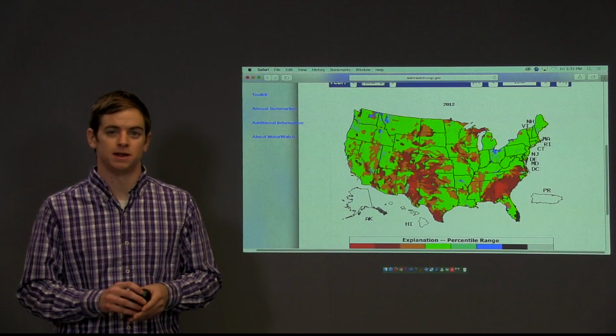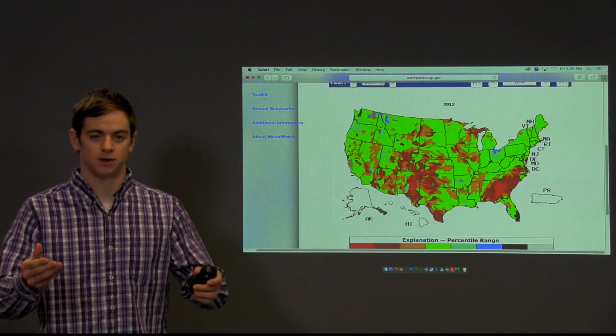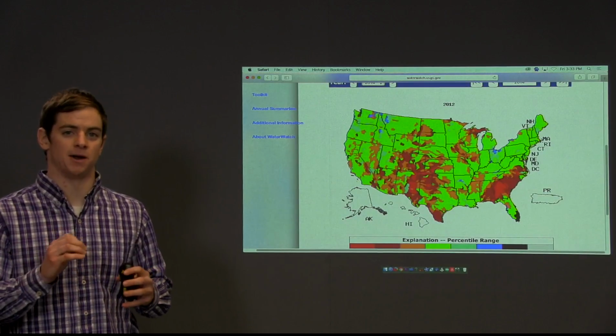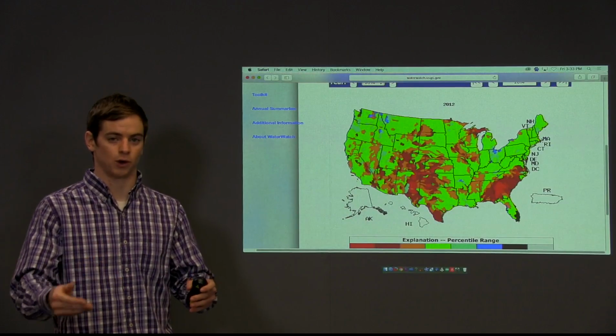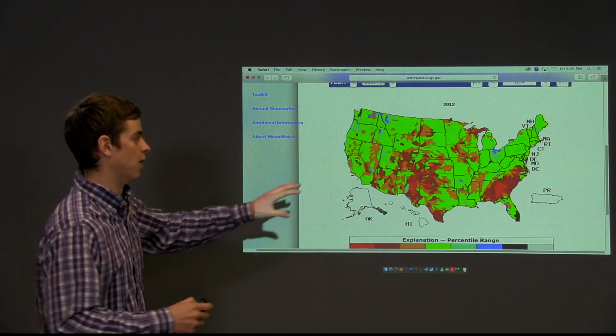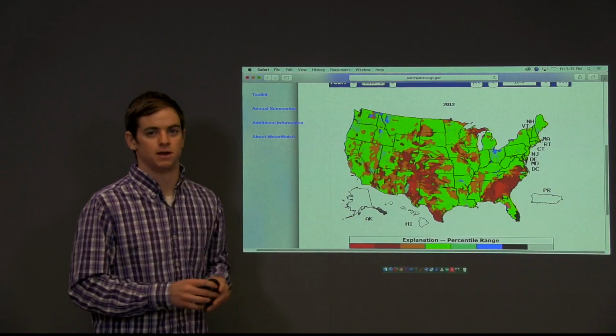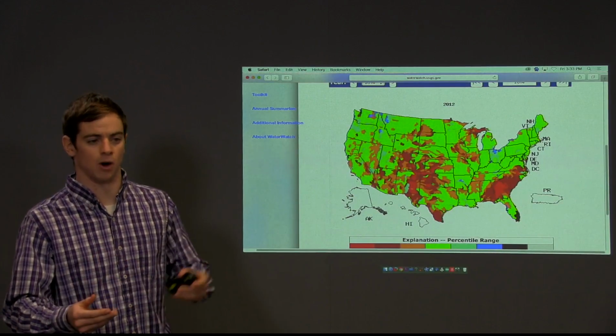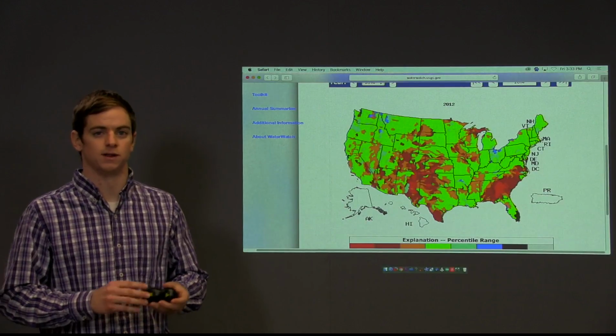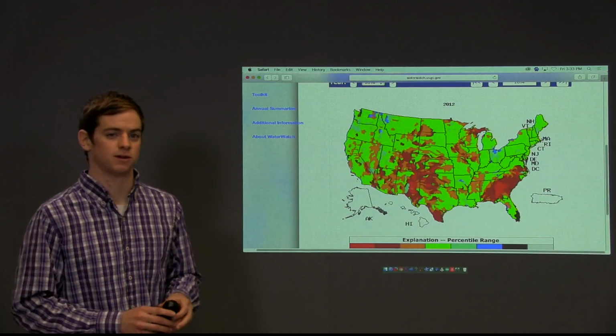Runoff, again, is the amount of stream flow divided by the amount of area of drainage for said stream, river, or creek. Areas on this map marked with green are showing areas where the stream flow is not too low or too high based off of the amount of drainage area it has.